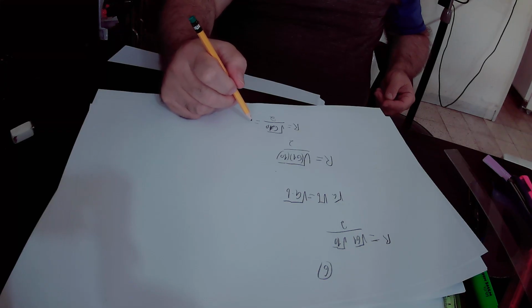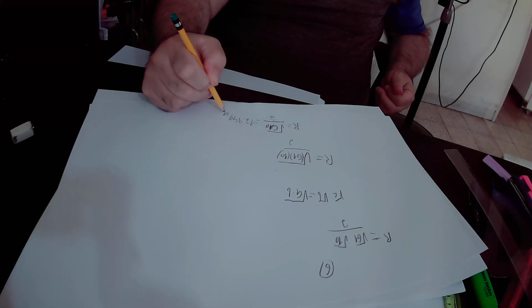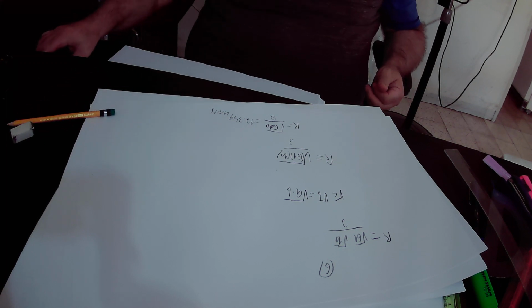The square root of 610 over 2 in terms of numbers is equal to 12.349 units. And that is the answer to the question. I will check it again.